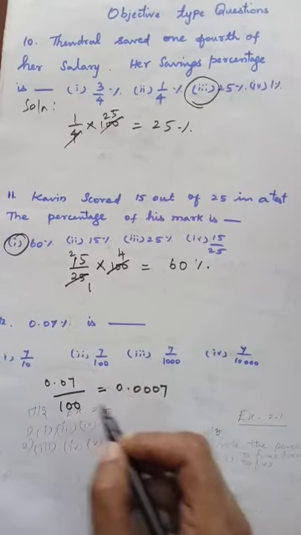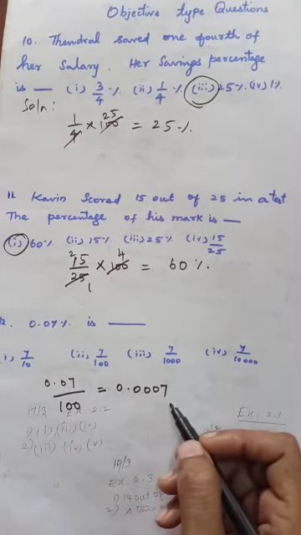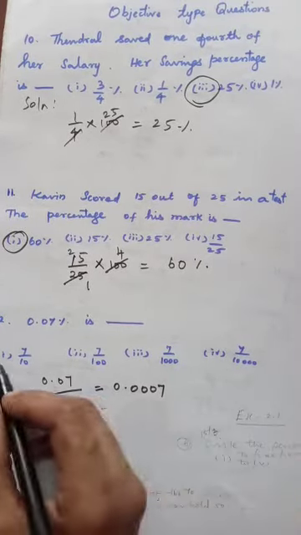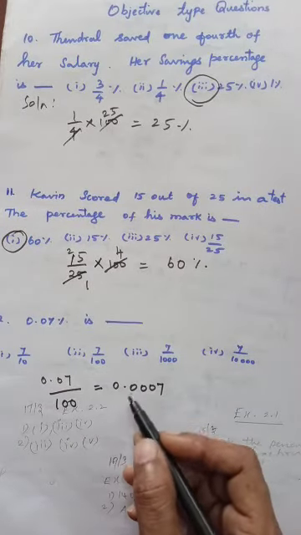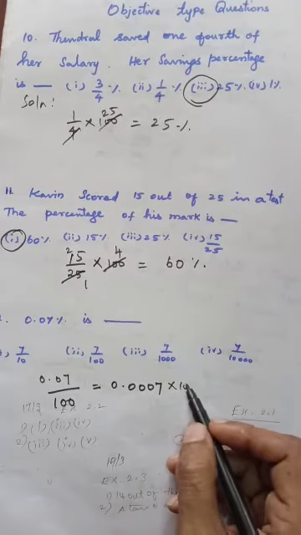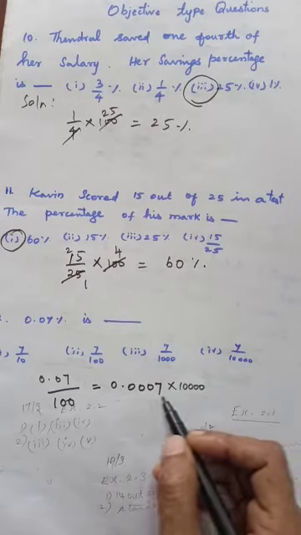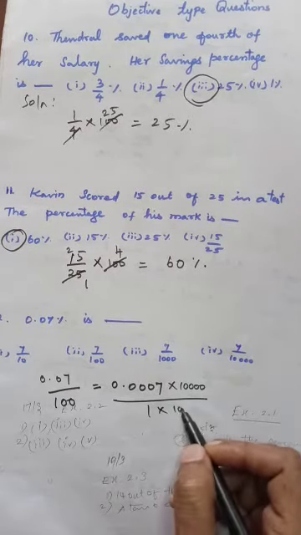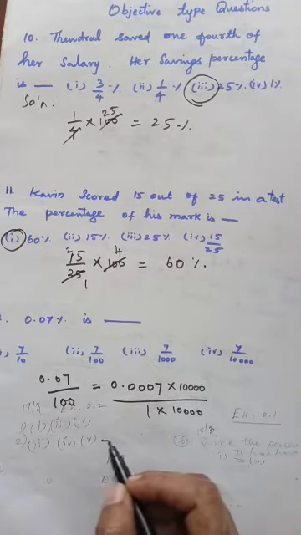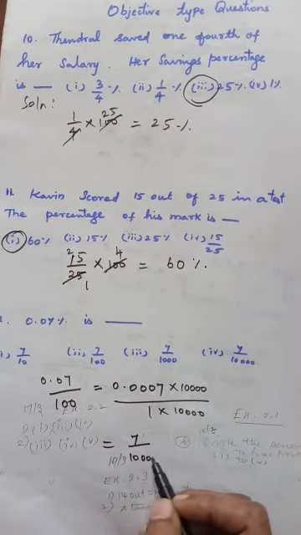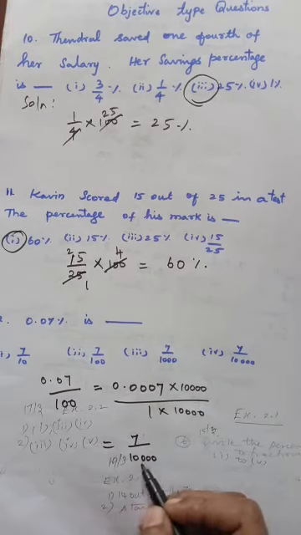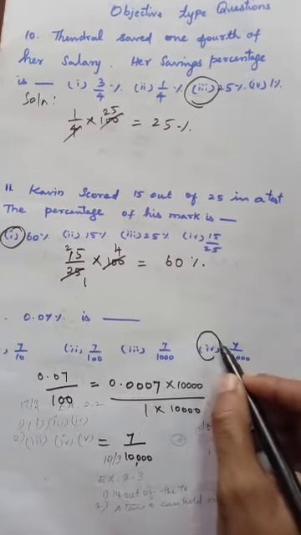After 2 digits you have to go, no? They are given in fraction, isn't it? So 1, 2, 3, 4 digits, so you have to multiply by 10,000. By 1 into 10,000. Then the answer is 7 by 10,000. Okay, that is the fourth option.